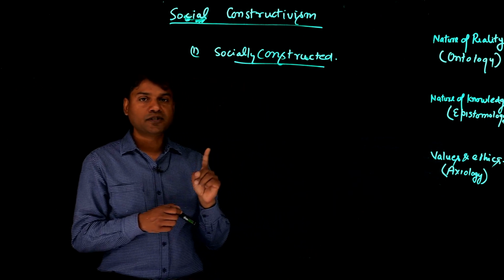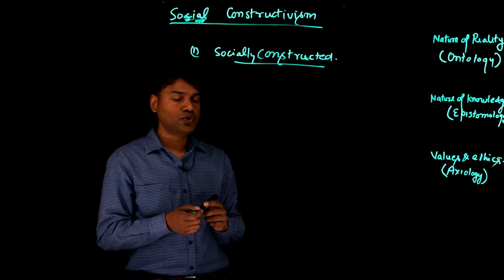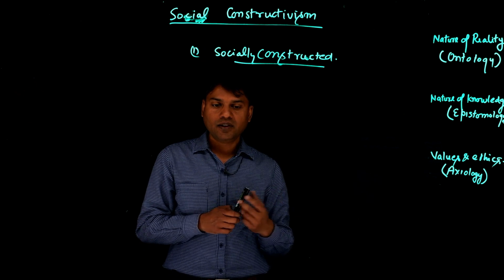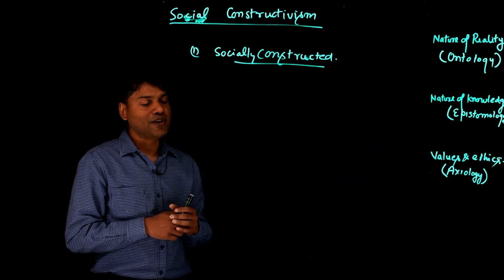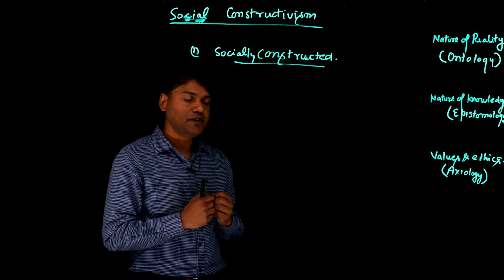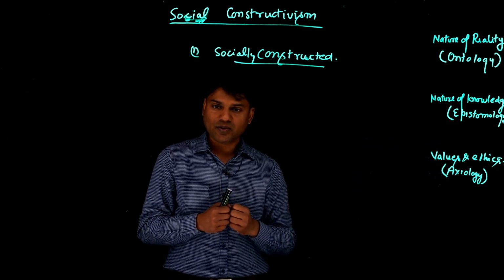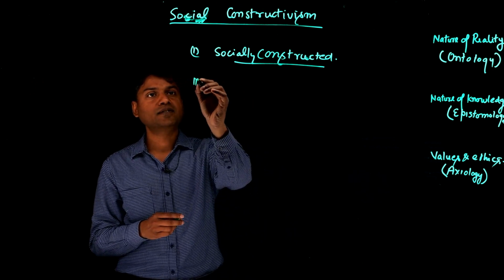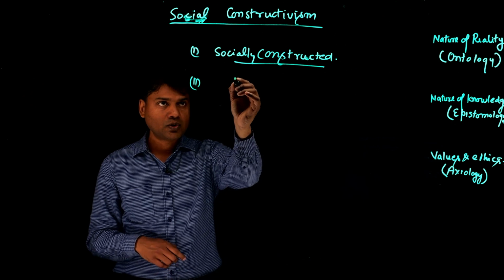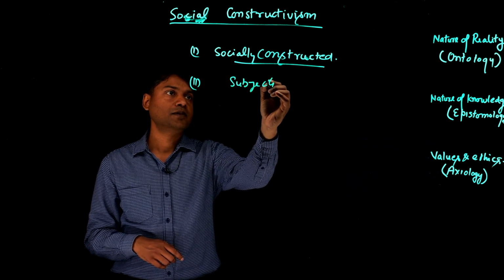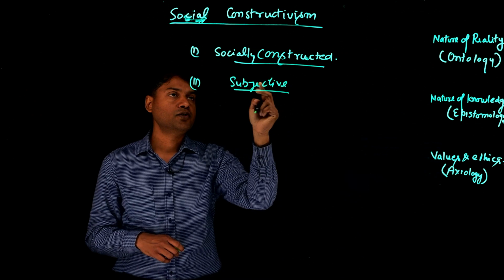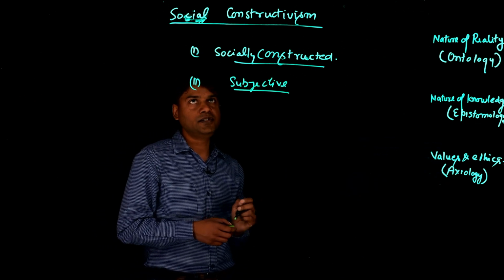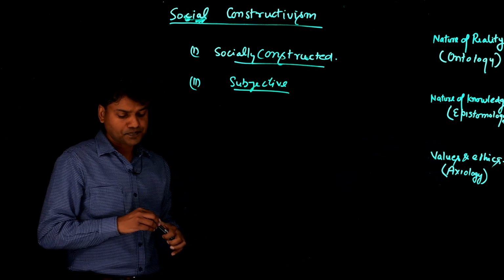So unlike the positivist and post-positivist approach, which tends towards reality being objective, where you go and uncover those realities, social constructivism says the reality is subjective, constructed based on our interaction with our environment. These are the two fundamental beliefs under the nature of reality, ontology, in social constructivism.